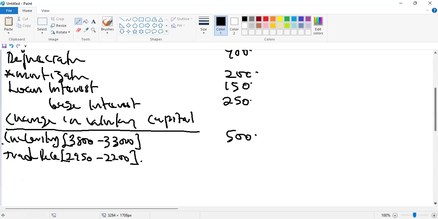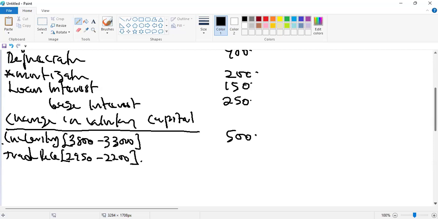We said increase in current assets. If current assets increase, it's a what?